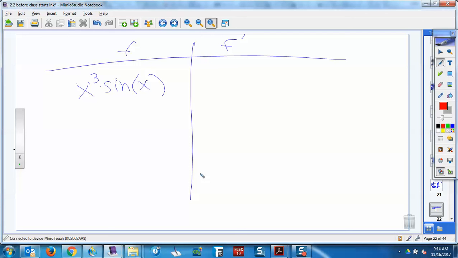Our guess would be, if we hadn't just done that last problem, by the way, because now you're probably wondering, let's pretend we hadn't done that, and I threw this at you, most people would just say what? 3x squared cosine x, right?